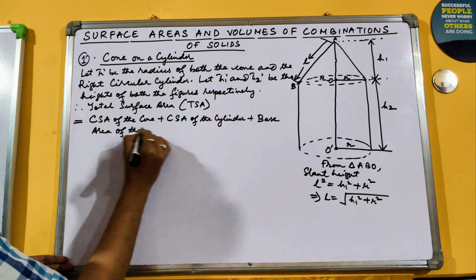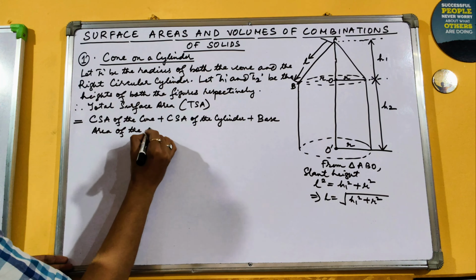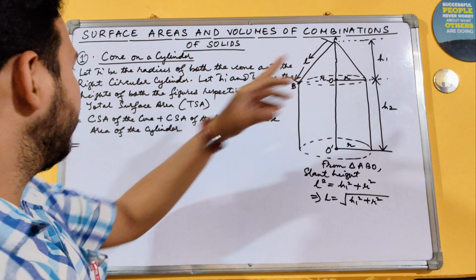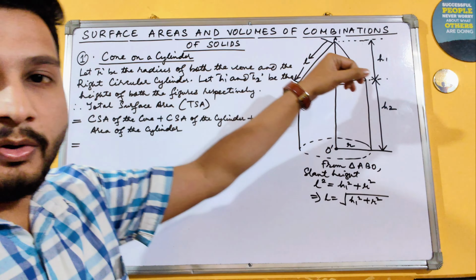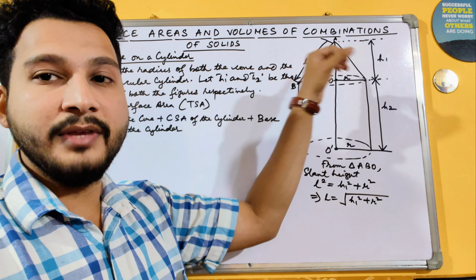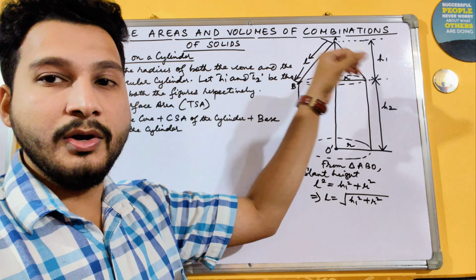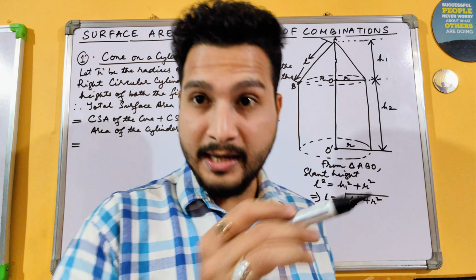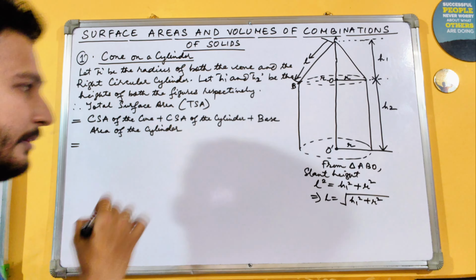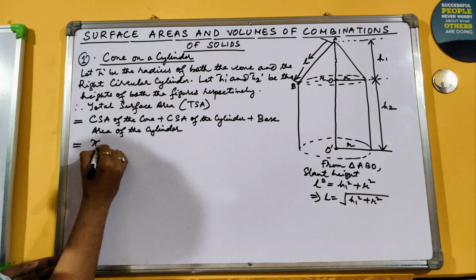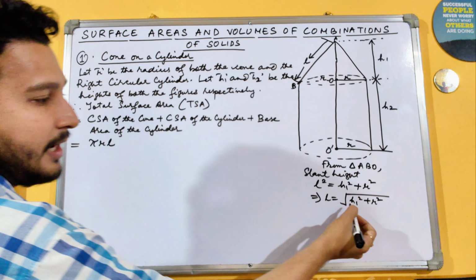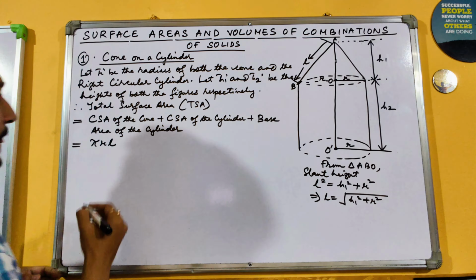Okay, now we have so many formulas. First it's CSA of the cone, that is curved surface area of the cone. What is the formula for the curved surface area of a cone? We dealt with this in class 9, which is pi r L, pi times the radius into slant height. Now we have already found out the value of slant height. We can put this in the next step.